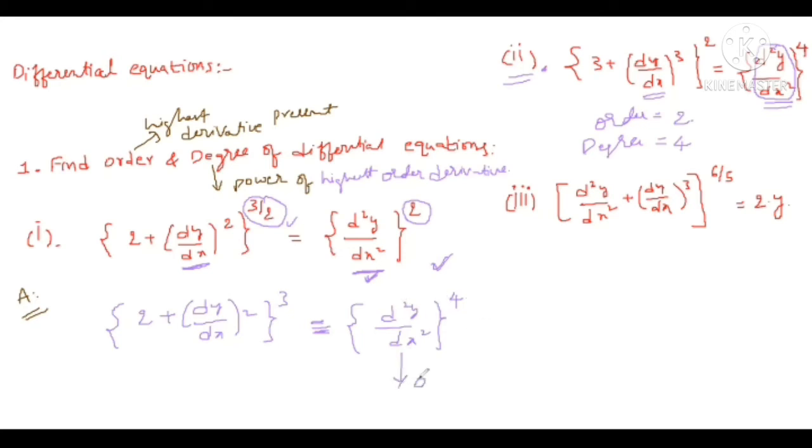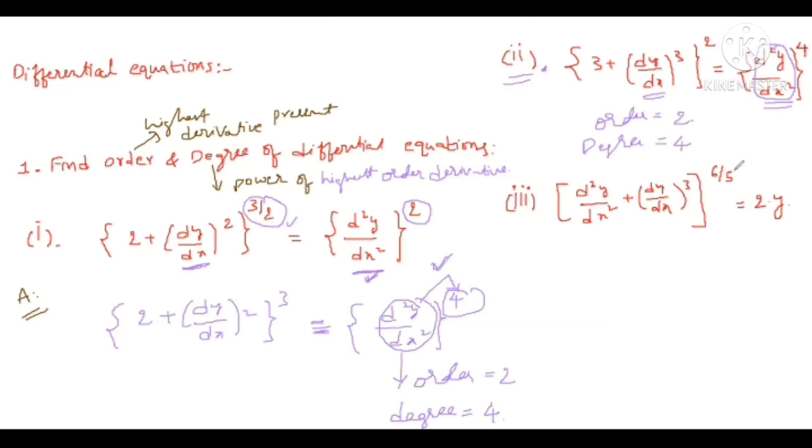Now what is the order? Here order equals 2, a second order differential equation, and the degree is the power of this second order term, which is 4. So the degree is equal to 4. So this is a second order differential equation with degree 4.